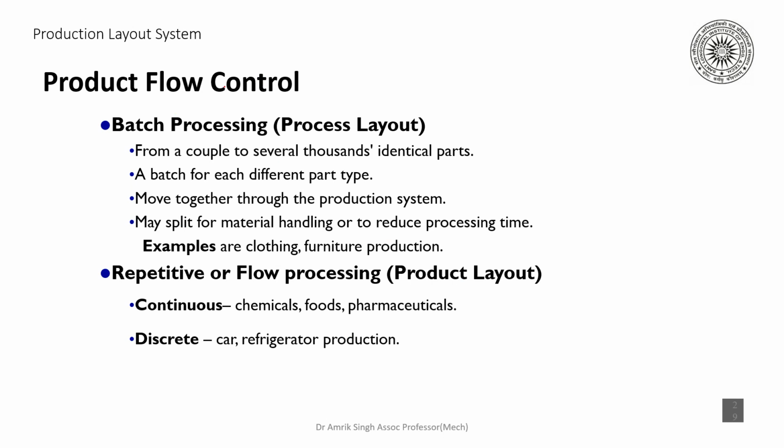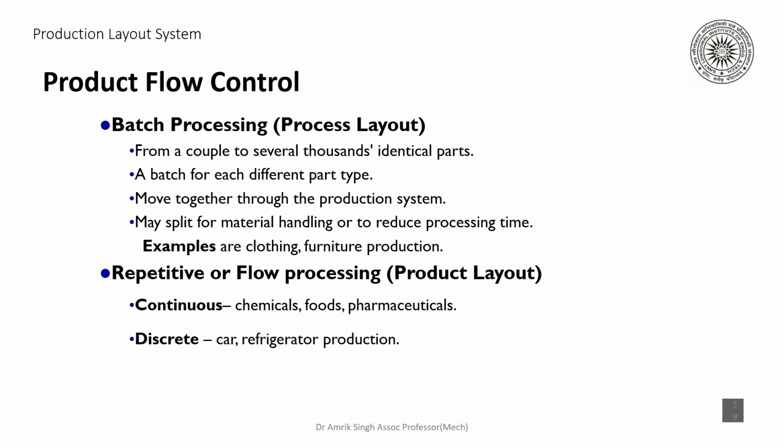And you see in the product flow control, we can have this kind of batch processing or the flow processing. If we have the batch type of processing, we follow the process layout. That is, from a couple to several thousand identical items we can make in a batch.